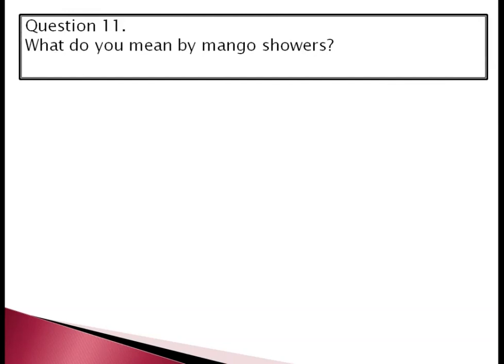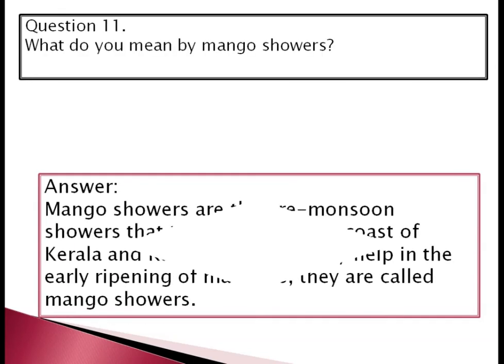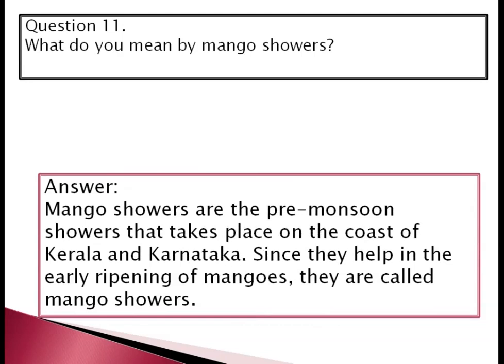What do you mean by mango showers? Mango showers are the pre-monsoon showers that take place on the coast of Kerala and Karnataka. Since they help in the early ripening of mangoes, they are called mango showers. I hope the question and the answer are clear to you all.